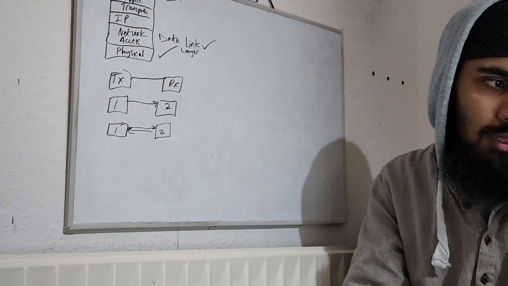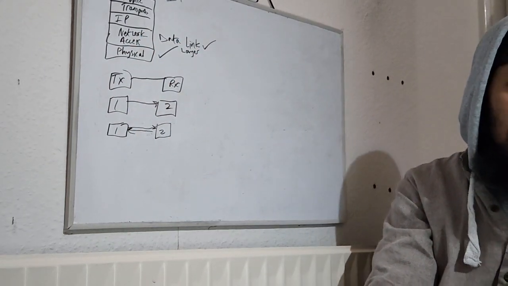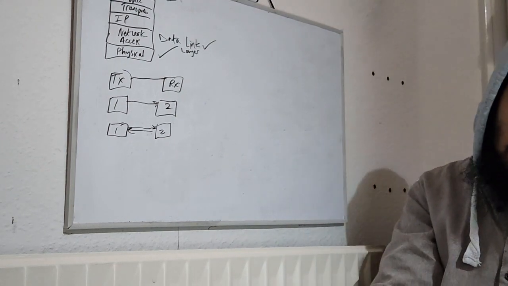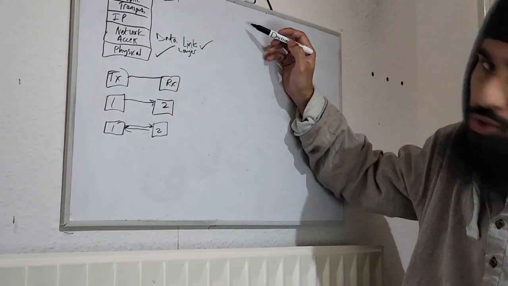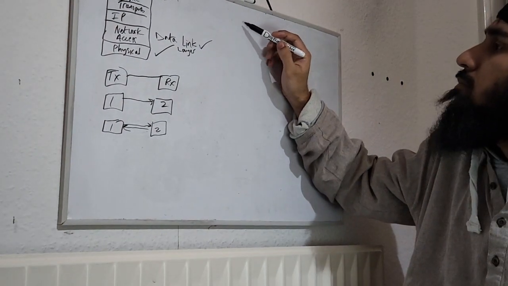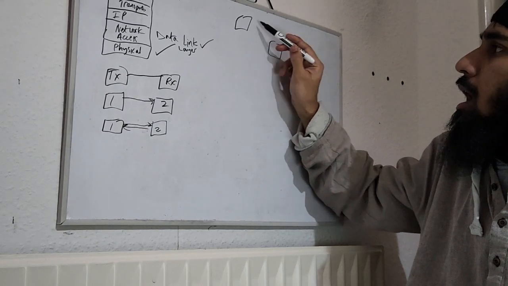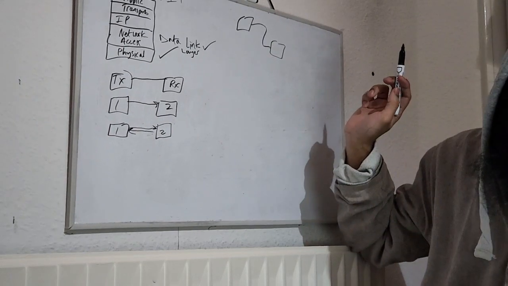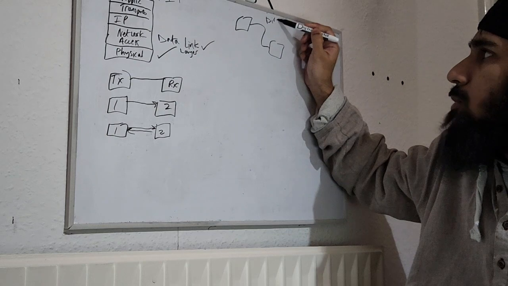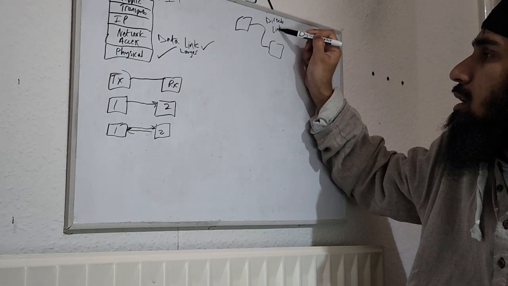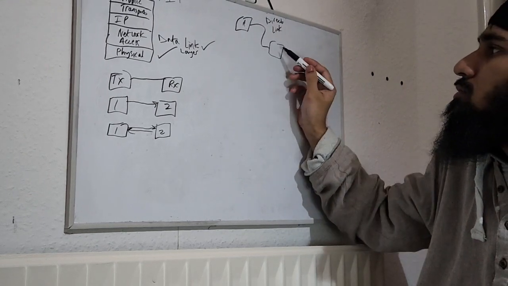The job of this data link layer is, with two points, two devices, how are they communicating? There's a direct link. We want this direct link. If you have this direct link, how are they going to be communicating?